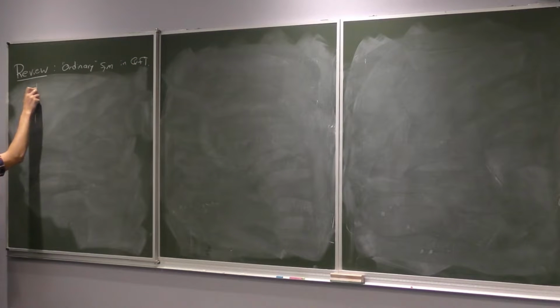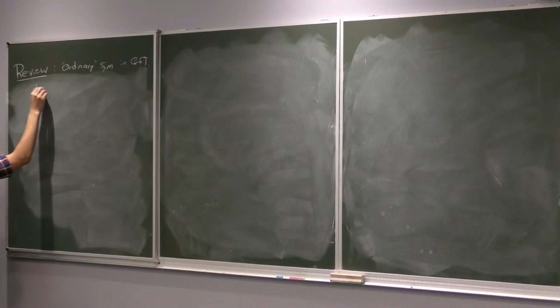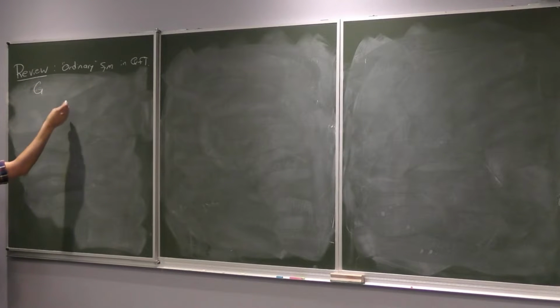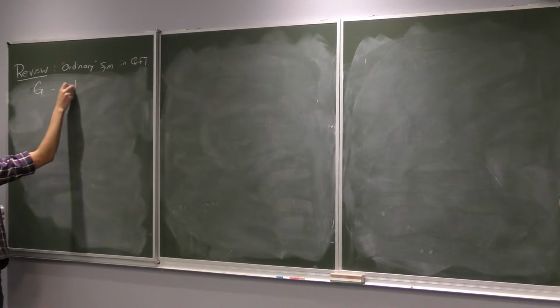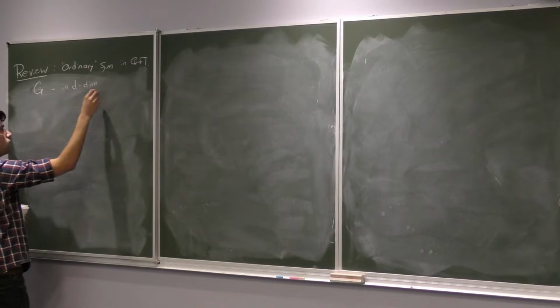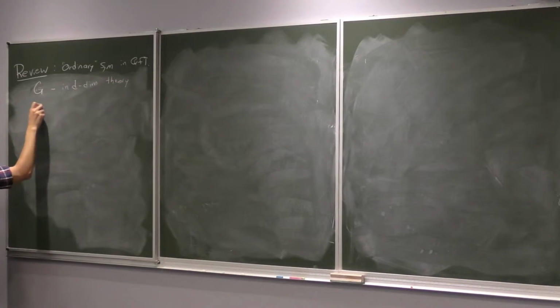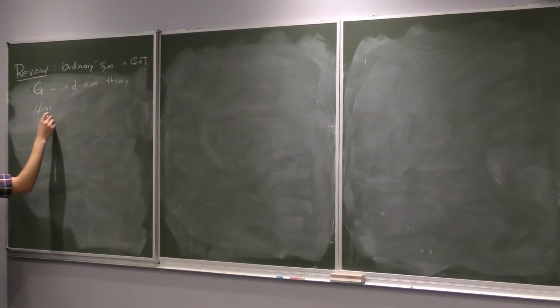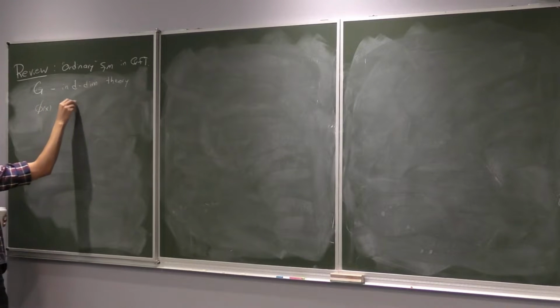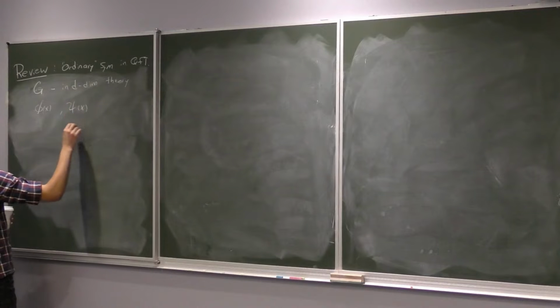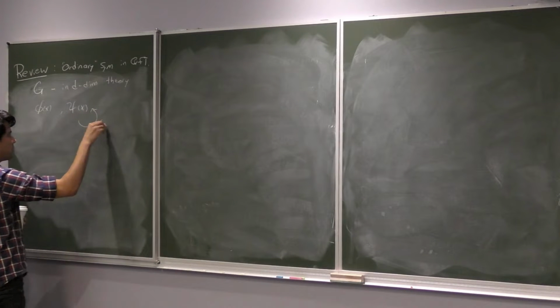So we talked about the action of a G symmetry in a d-dimensional theory, where G acts on some set of local operators, which I either call phi or psi, depending on the example.